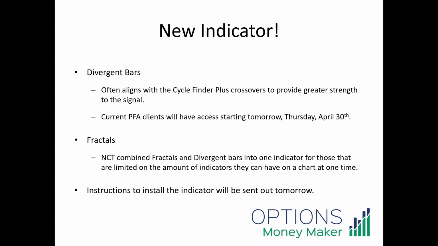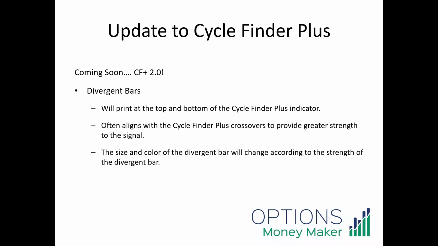So I'm going to explain one last thing here, and then I'm going to jump to a chart and show you exactly what I'm talking about. Also coming soon is an expanded version of the Cycle Finder Plus. It's going to be Cycle Finder Plus 2.0. It's going to include divergent bars on the Cycle Finder Plus, and it's going to give you some indication of the strength of that divergent bar, whether it's a strong divergent bar or perhaps a weaker divergent bar.